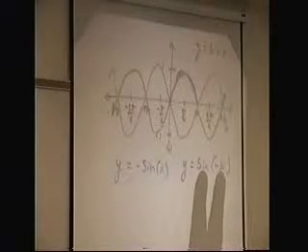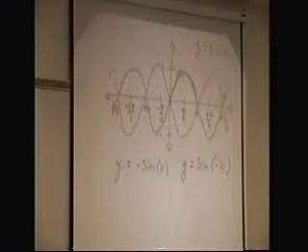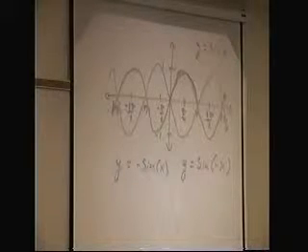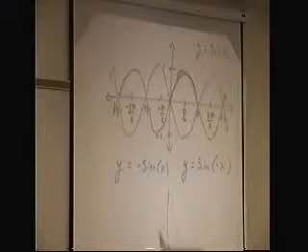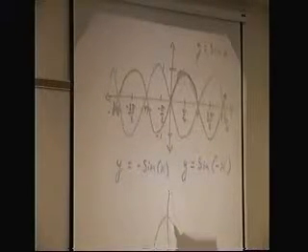Now what's interesting about cosine is that when you reflect it across the y-axis, you get the exact same thing. The cosine of negative x is the same as the cosine of x. Can you see why? Show it to you. Here's cosine. And I'll start here.